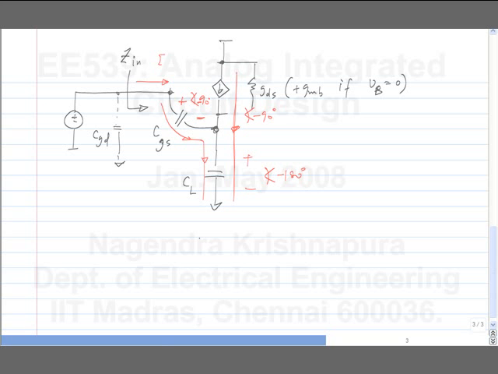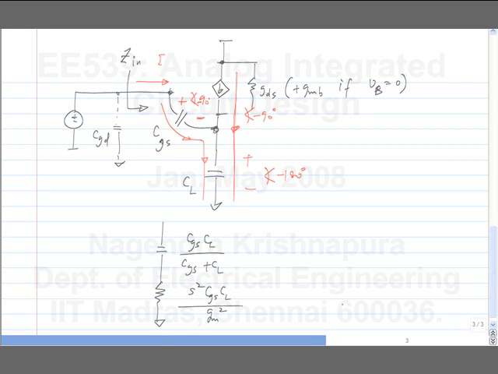So the input impedance looks like CGS in series with CL, and a frequency dependent negative impedance. What is the expression for this? It is... is this correct?